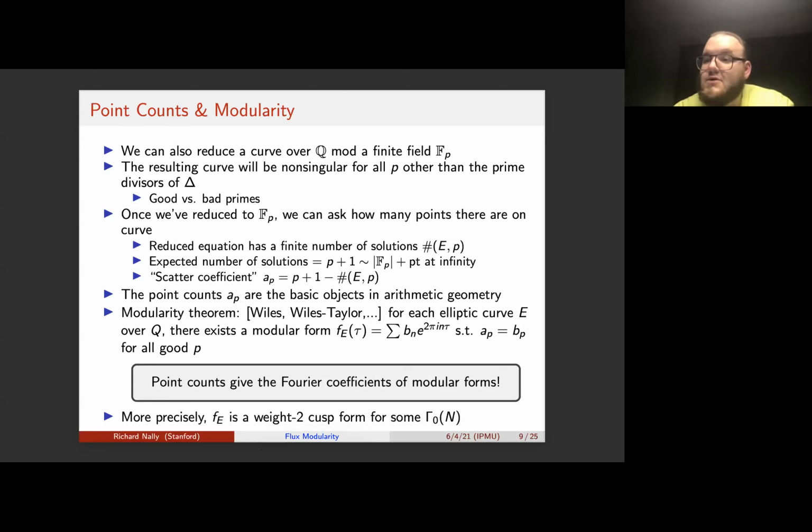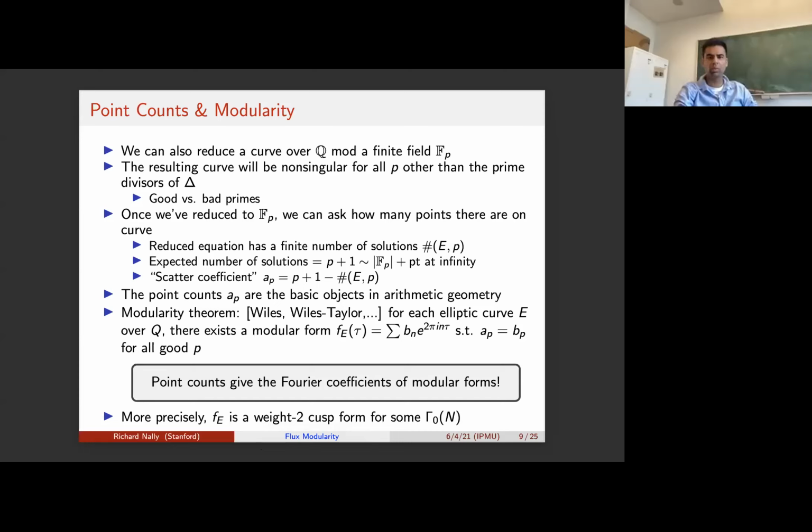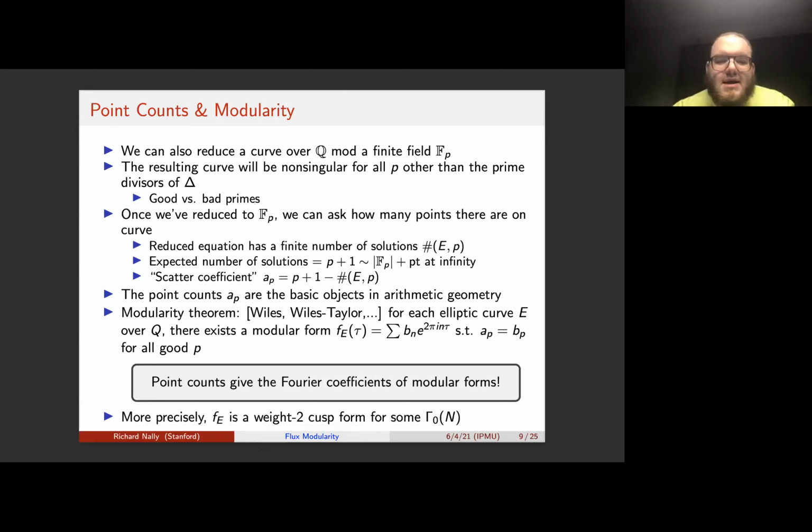Question: what is N in Γ₀(N)? Ah, good. So N is the level. Γ₀(N) is modular forms that are modular under the subgroup of SL(2,Z) where C is congruent to 0 mod N. But you mean what is it in terms of the data of the curve?